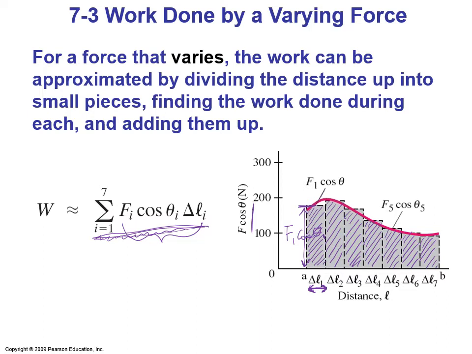And if you were to take, instead of 7 different rectangles, chop these things up so that they're infinitesimally small, so you go from this finite width to an infinitesimally small displacement element dl, then you would get an infinite number of infinitesimally small rectangles, and you would get exactly the area underneath this curve. So the area under the F cosine theta versus distance curve would give you the work done by this varying force.